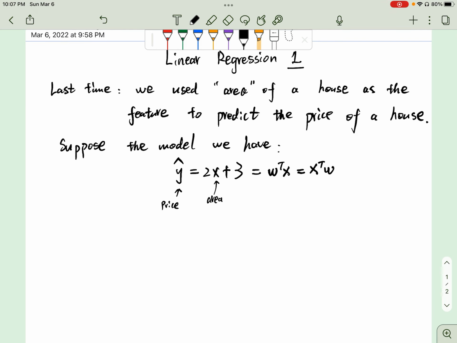So what are omega and x? Here x equals, so we have said that x is the feature vector. We said that all vectors are column vectors in machine learning. And I will put the first term as 1 and the second term as x1 here. And we have said omega is the weights, or all the parameters.